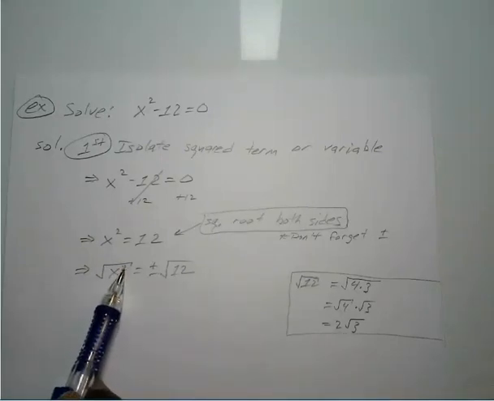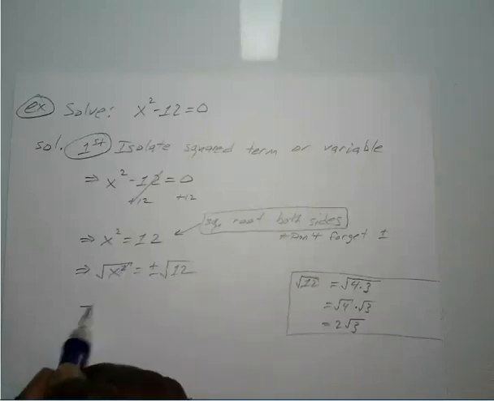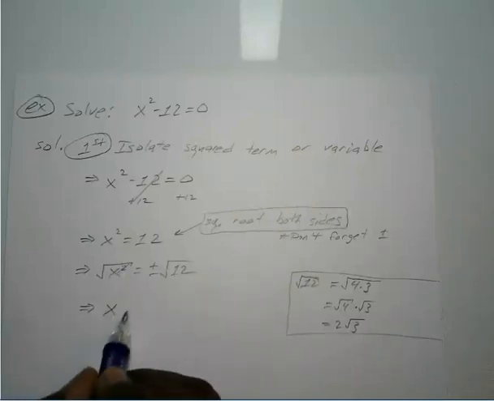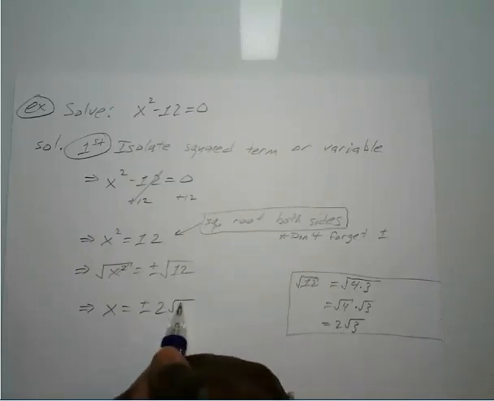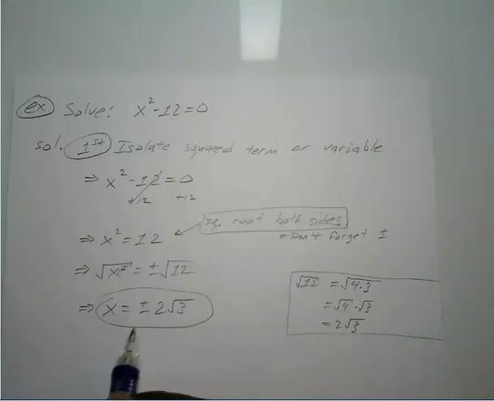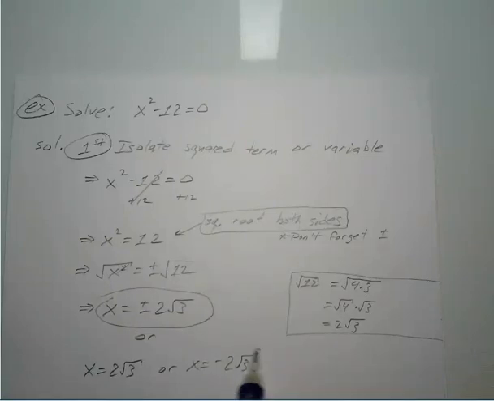So since our exponent and our index will cancel each other out, that will leave us with just x equals plus or minus 2 square root of 3. Or, of course, we can write it as x equals 2 square root of 3, or x equals negative 2 square root of 3.